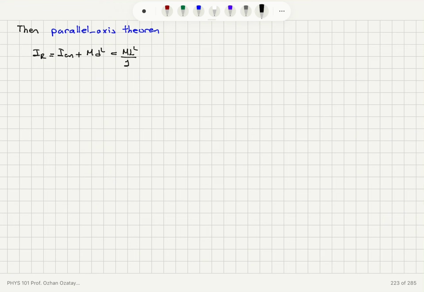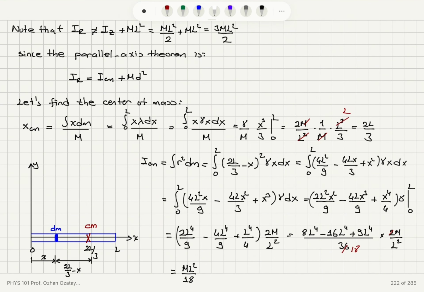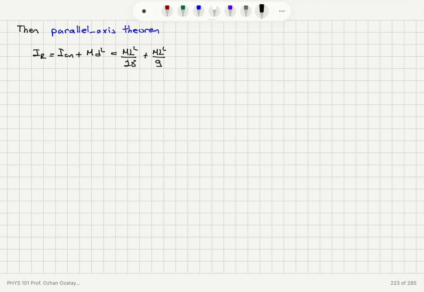So it's mL squared over 18 plus mL squared over 9, because the distance between them here is L over 3. This will give me mL squared plus 2mL squared over 18, which is mL squared over 6.